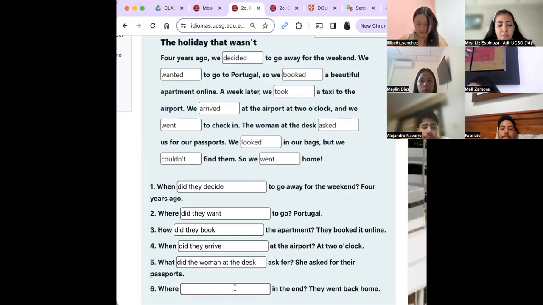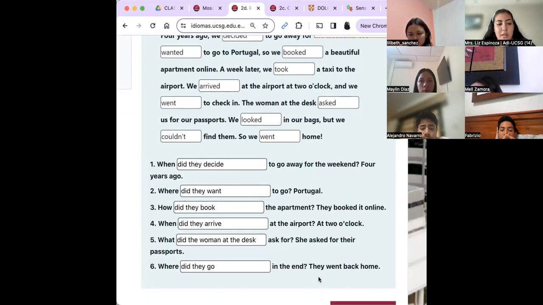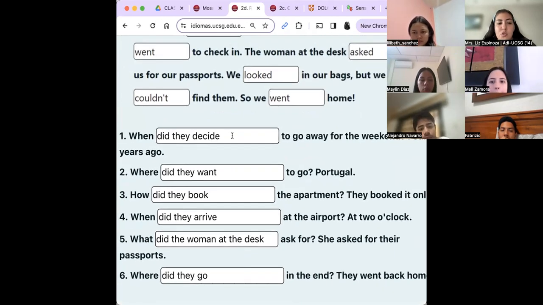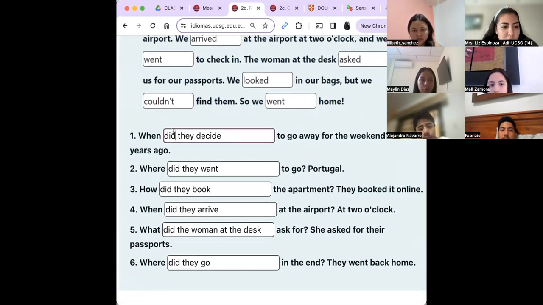Okay, number 6. Where did they go? Auxiliary did, subject they, verb go. Where did they go in the end? They went back home because they didn't have passports, right? Be careful. Do not write decided. Si usted le pone auxiliar en pasado y verbo en pasado en la misma oración, está poniendo doble conjugación y está mal.